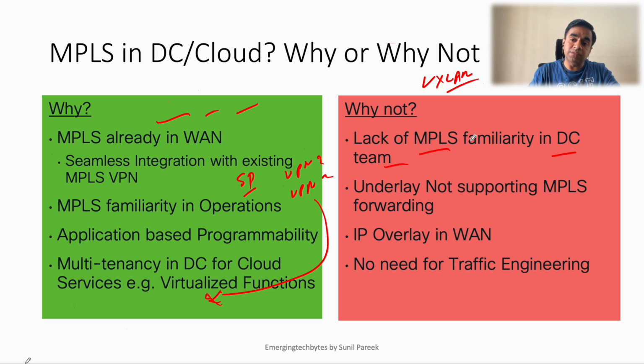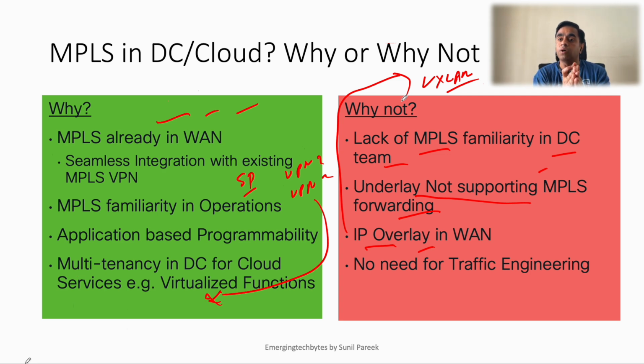The second thing is, as we talked about overlay and underlay, if there is MPLS, then the underlay has to support MPLS, which was not the popular case with data centers. They just wanted to have some sort of IP overlay only, and that's why VXLAN got popular.